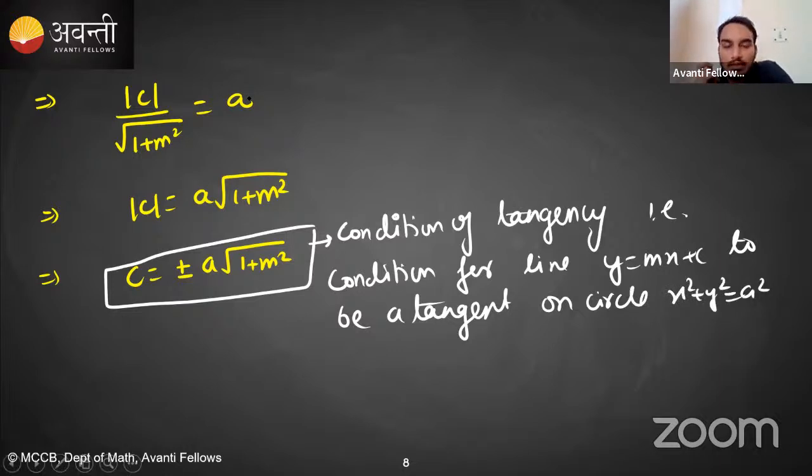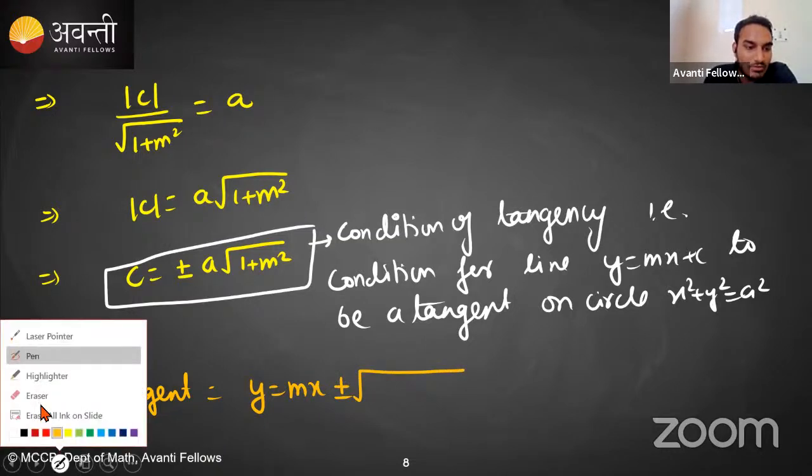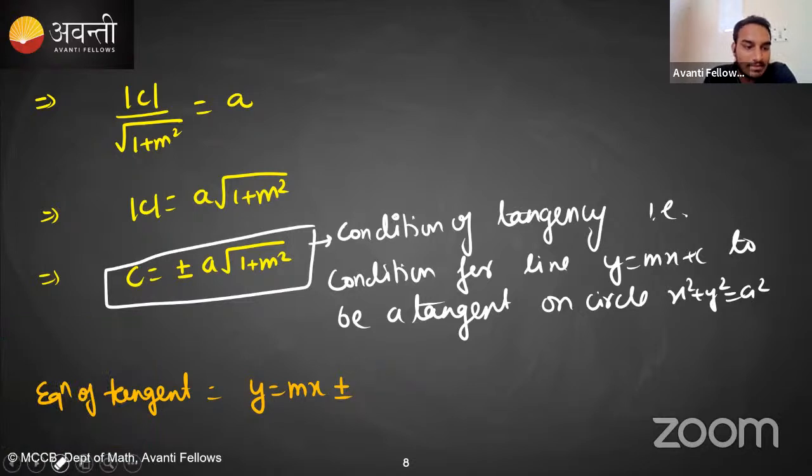So for any line of a given slope m to be a tangent on the circle x² + y² = a², c should be equal to ±a√(1 + m²). So the equation of tangent is y = mx ± a√(1 + m²). Clear?